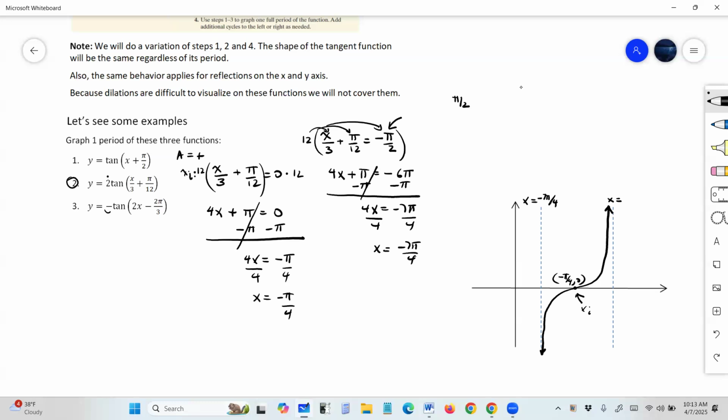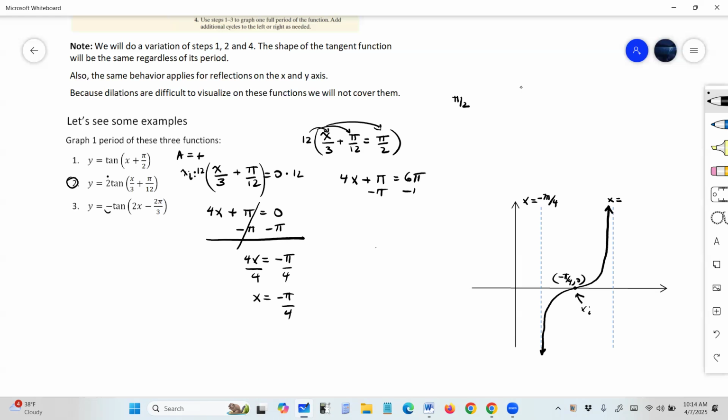Now, to do the other one, I'm going to erase this. All I have to do is change this to pi over 2, because that would be where the other asymptote would be. So, same as before, multiply everything by 12. So I have 12x over 3, 4x, 12 pi over 12, pi, and 12 pi over 2, 6 pi.